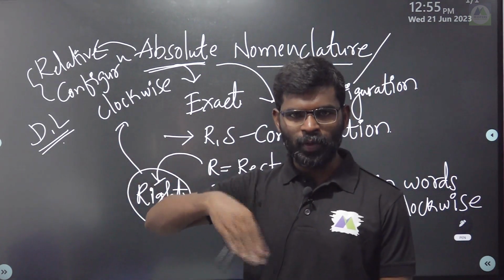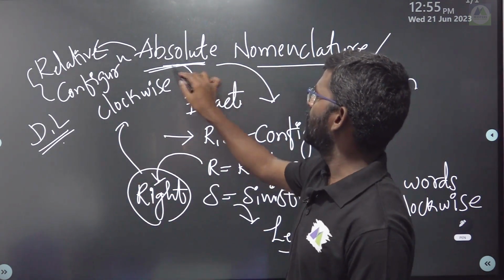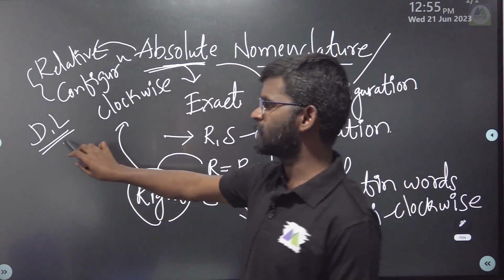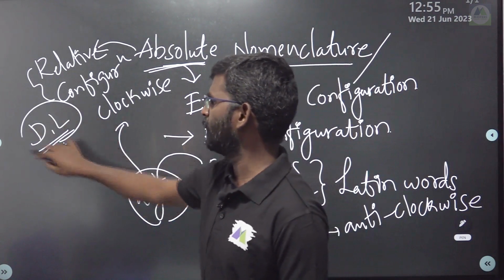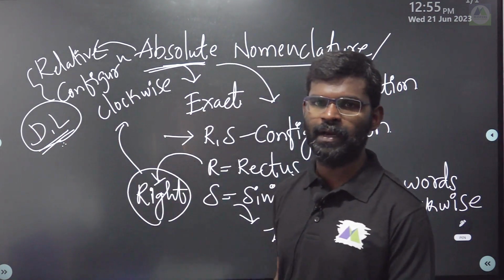To overcome those problems, we have absolute configuration. If you have any doubts about DL configuration, you can see the previous video, where we already made a video on DL configuration.